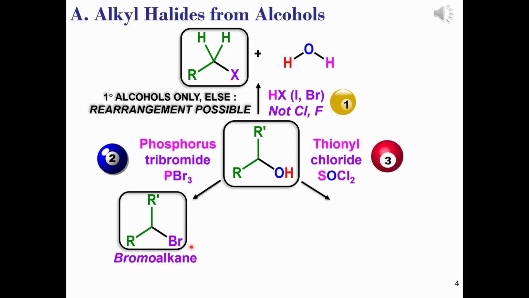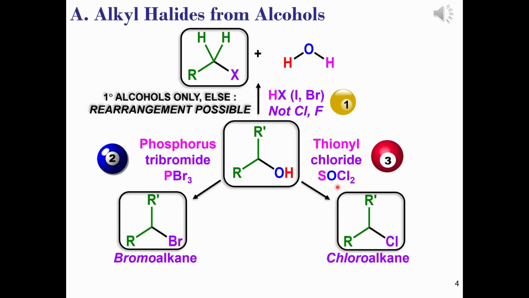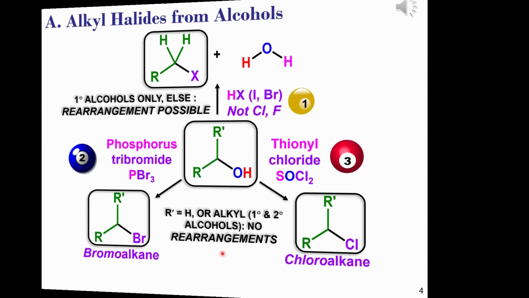The last route, as marked by the red pool ball, gives access to alkyl chlorides or chloroalkanes. This route involves the use of thionyl chloride and also works through an SN2 reaction mechanism. So again, this route will work best with primary and secondary alcohol substrates. Let's look at each reaction in turn.